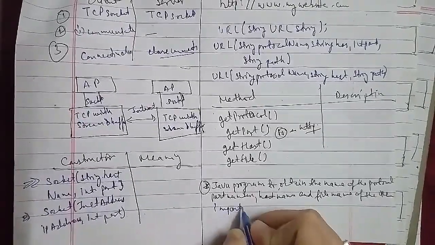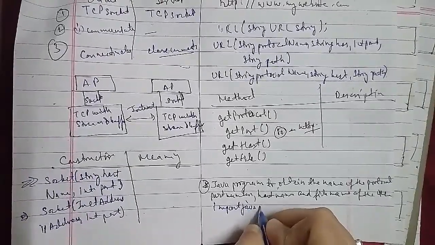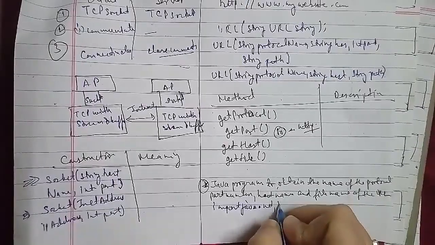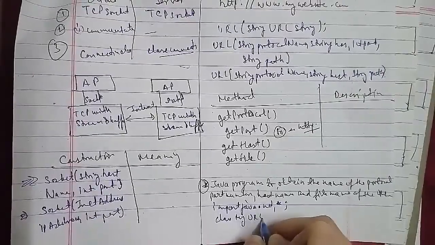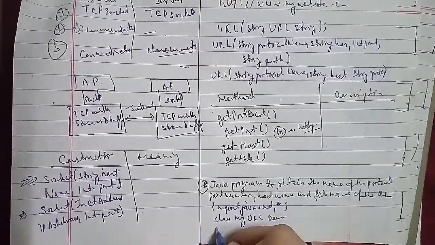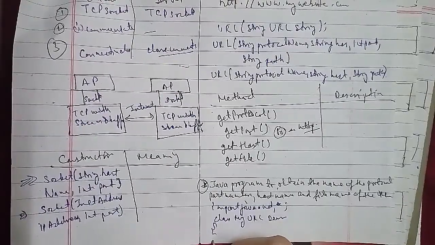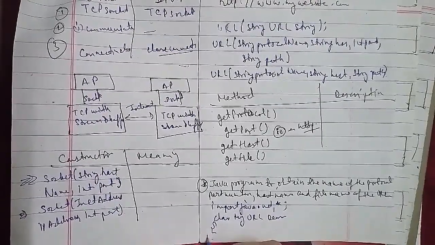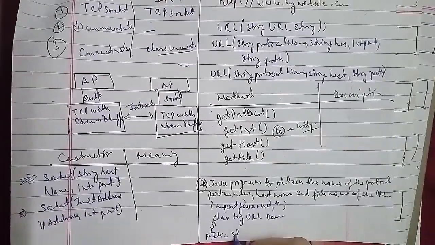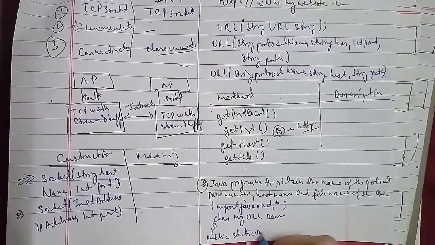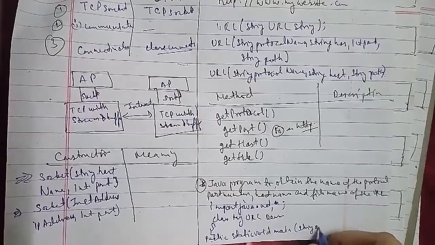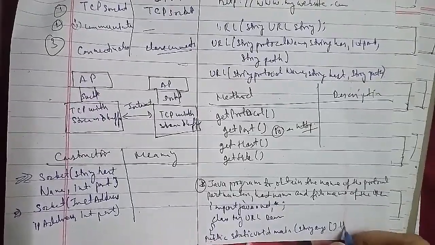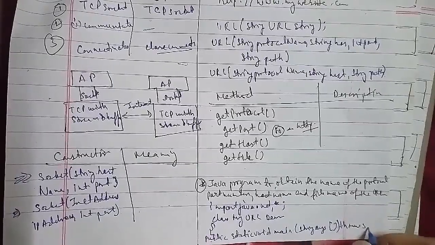Then for another one we have System.out.println("port " + obj.getPort()); For the next one we have System.out.println("host " + obj.getHost()); close bracket.